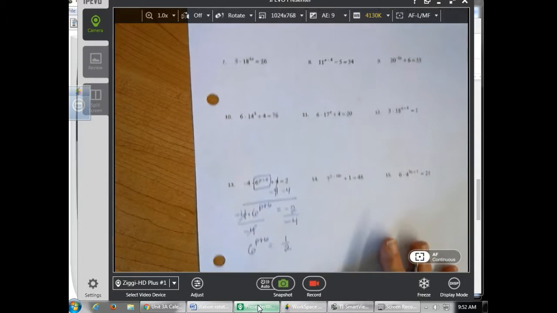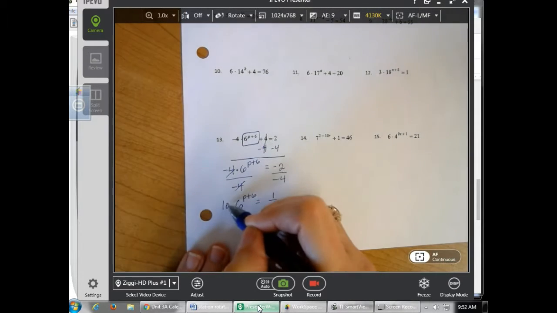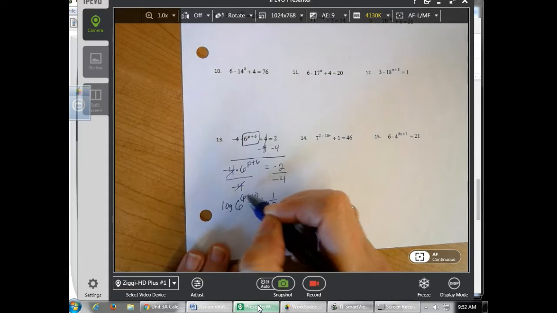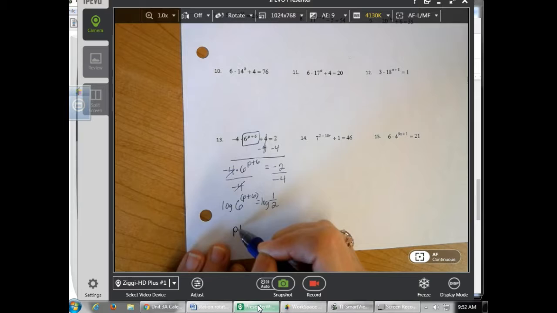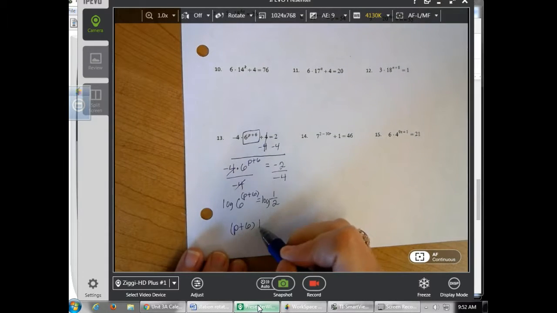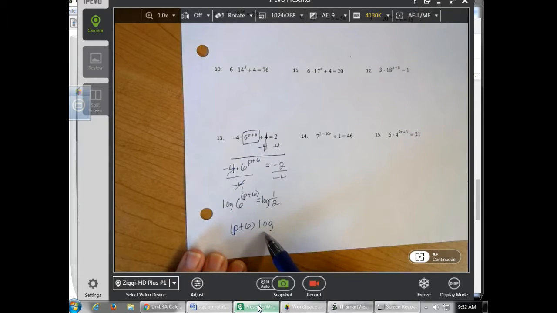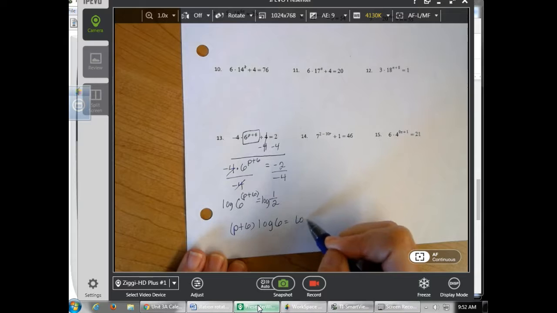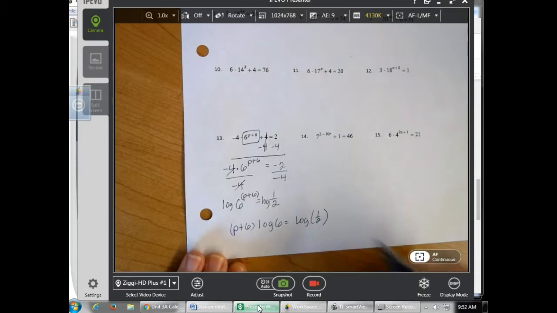At this point is when I can take the log of both sides, so log here, and then bring down the entire exponent. So p plus 6, and be sure to put it in parentheses because it reminds you that the log of 6 is really being multiplied by both of those. You don't actually have to do the multiplication though, but just make sure you use parentheses. Now, I have p plus 6 times the log of 6 is equal to log of 1/2.